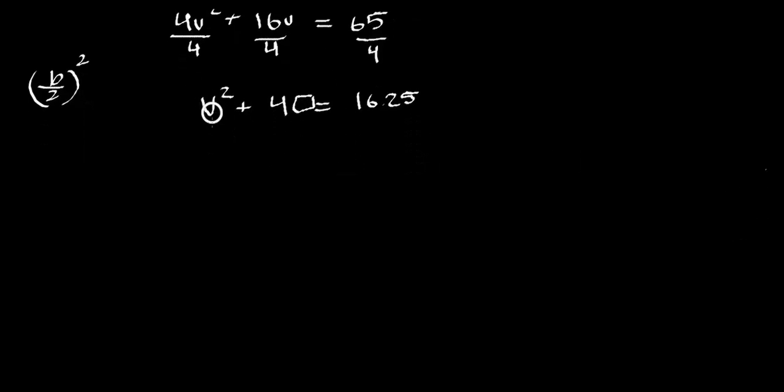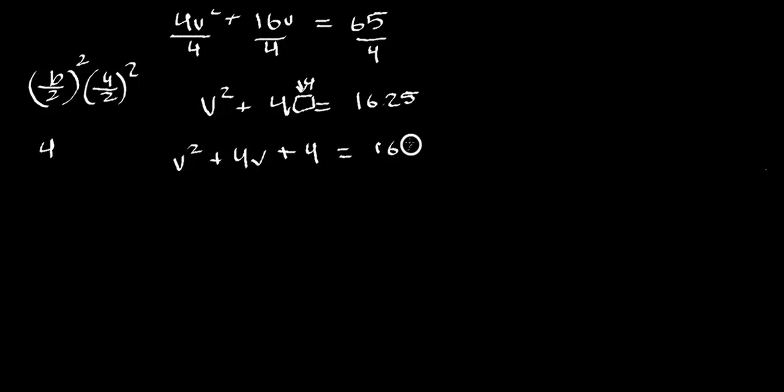Okay? So we get, what's b? 4. 4 divided by 2 squared. 4 divided by 2 is 2. 2 squared is 4. So this value will be 4. So we get v squared plus 4v plus 4 equals 16.25.